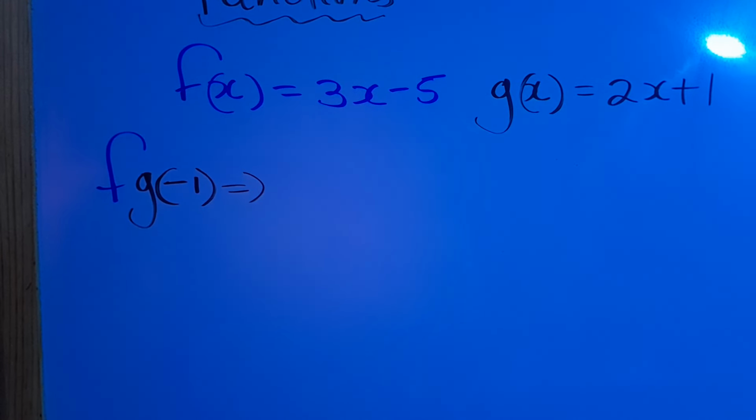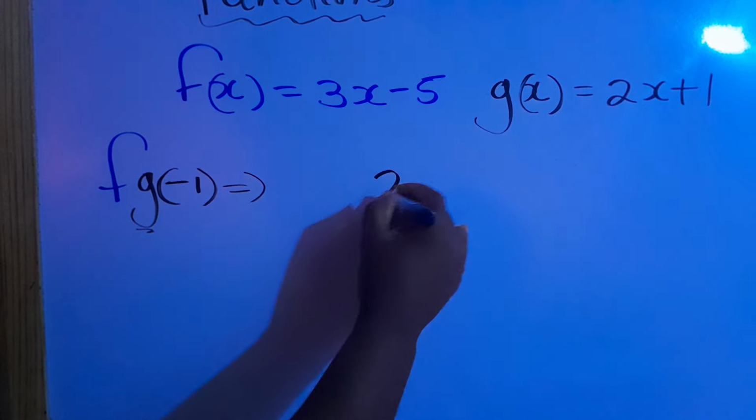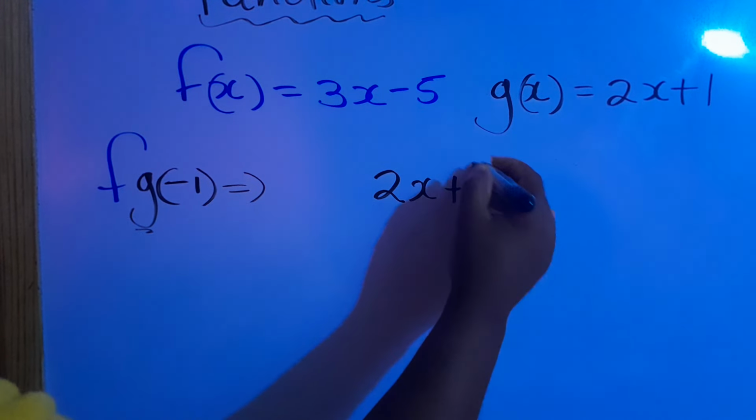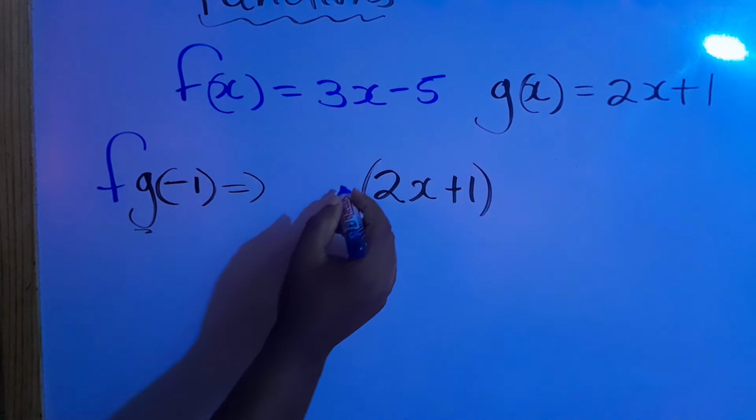Alright guys, so we are asked to find fg of -1. So what we're going to do is find the composite function and then put -1 wherever x is. Same rule. The rule says that we write back g first, which is 2x plus 1. Put that in bracket. And then we write back f without the x.